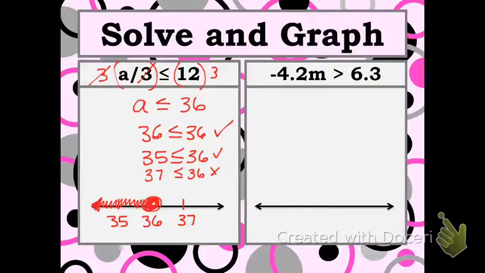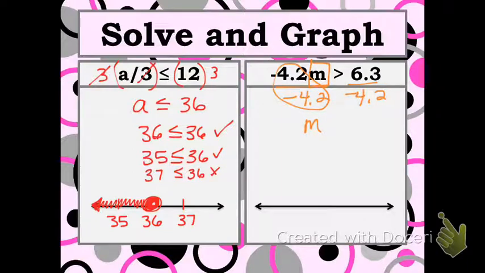For the next example, I'm trying to isolate the m. The inverse of multiplying by negative 4.2 would be dividing by negative 4.2. On the left-hand side, negative 4.2 divided by negative 4.2 is positive 1, so we have 1m.